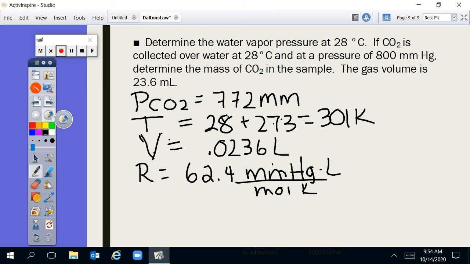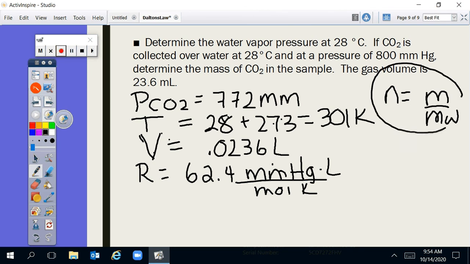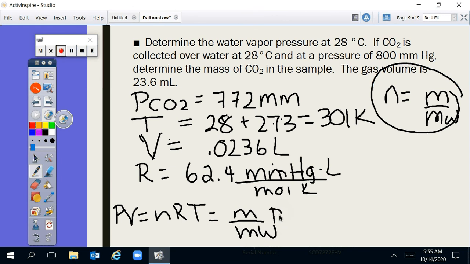Now I don't have number of moles, but I do know that number of moles is equal to the mass divided by the molecular weight. And I'm going to plug that into PV equals nRT. So PV equals mass over molecular weight times RT.